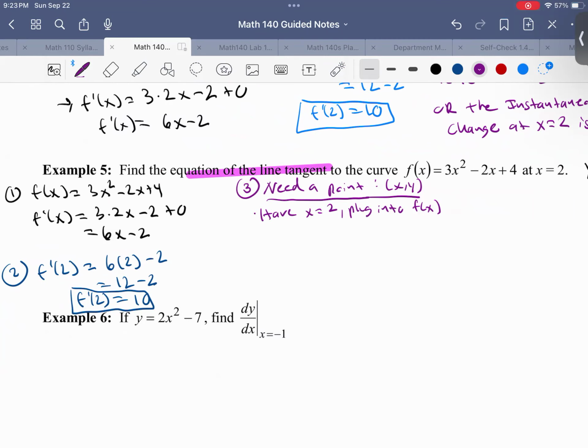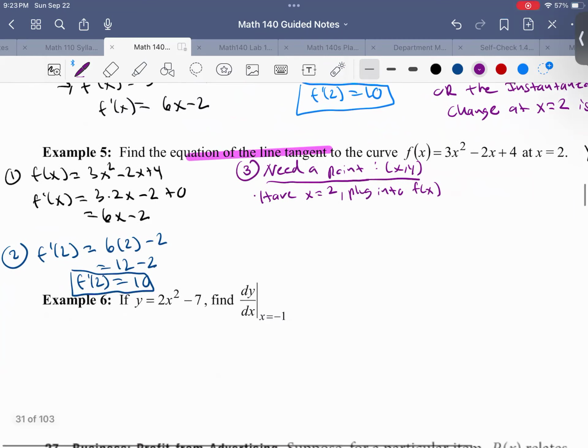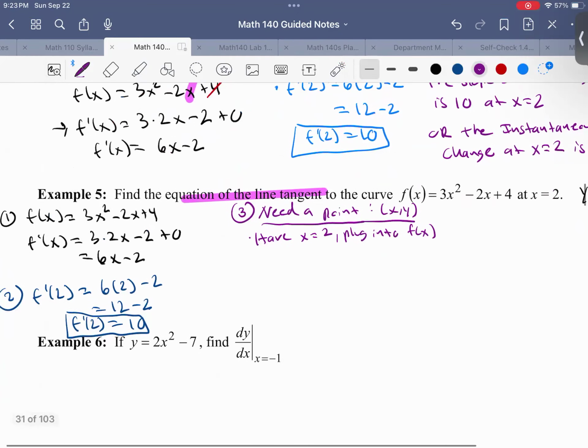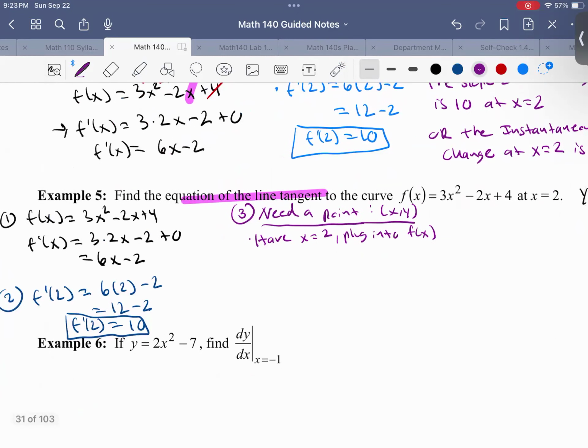So luckily we did the work above for f of 2, but let's go ahead and do it again. So f of 2 is 3 times 2 squared minus 2 times 2 plus 4, which is 3 times 4 minus 4 plus 4, which is 10.